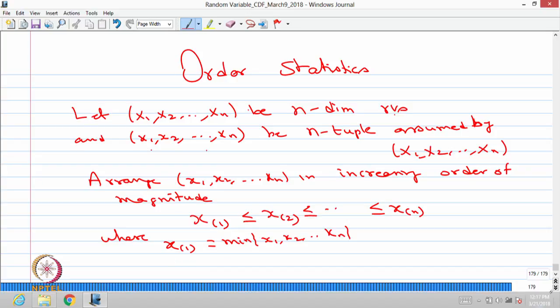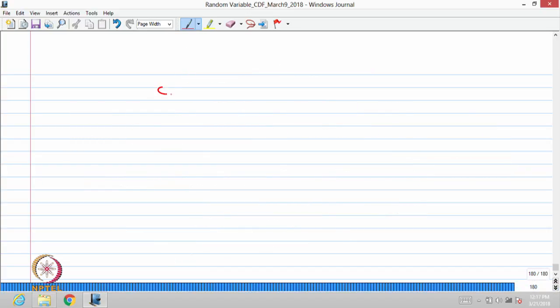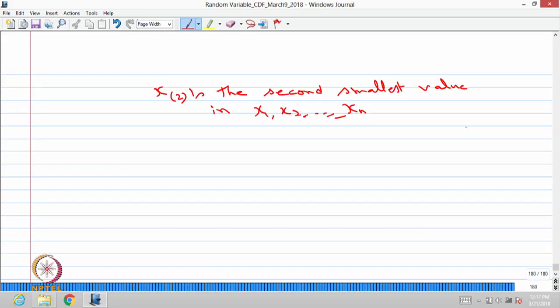Similarly, x bracket 2 is the second smallest value in x1, x2, so on xn.